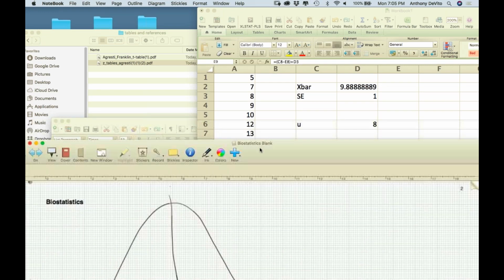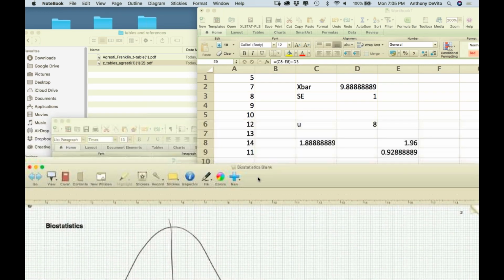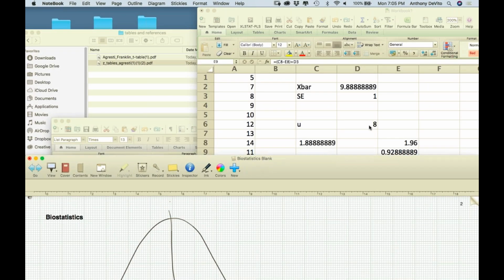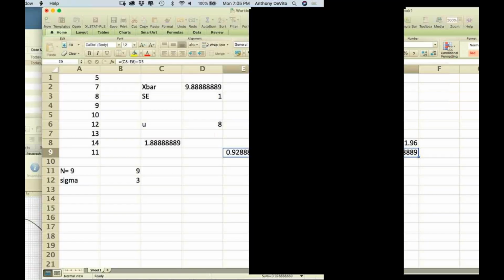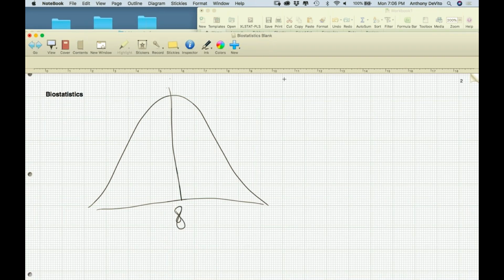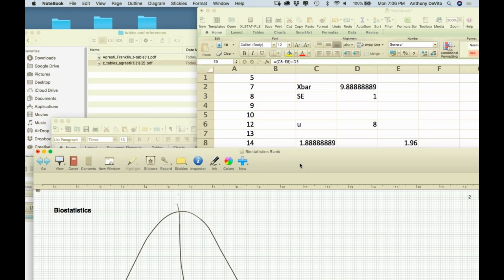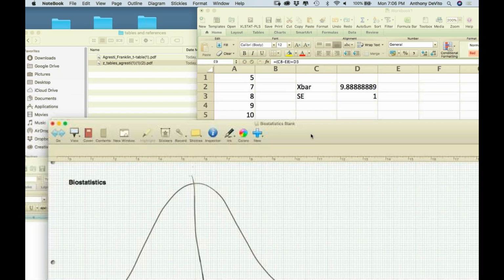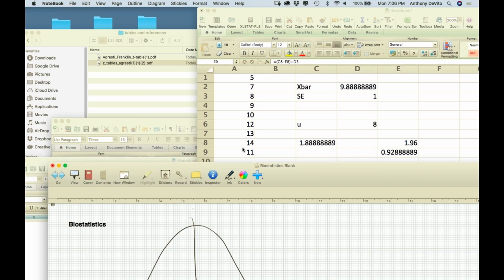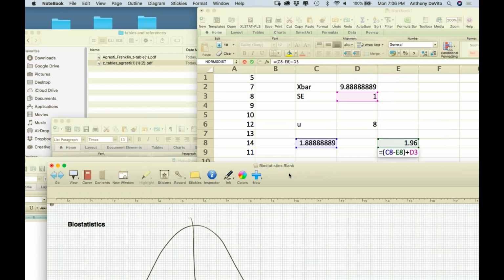Okay. Let's assume that we start with a mean of 8 for a known population. And if I take a sample from another group of size 9, and there are the numbers I have for it, and I find that the mean is equal to 9.88.